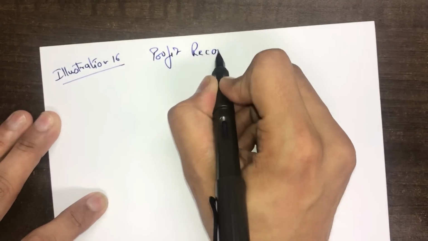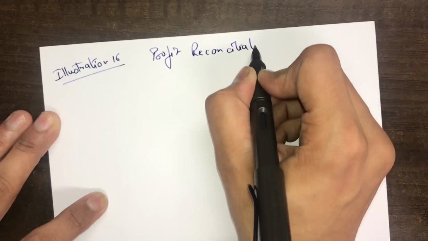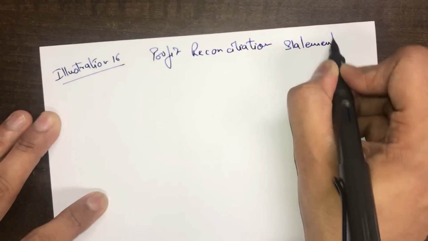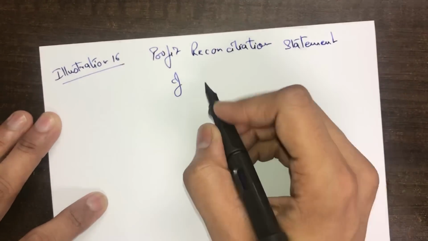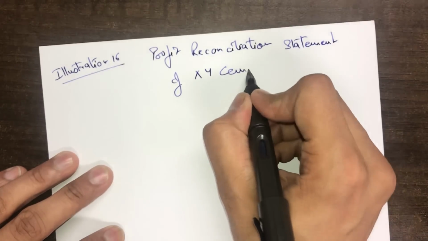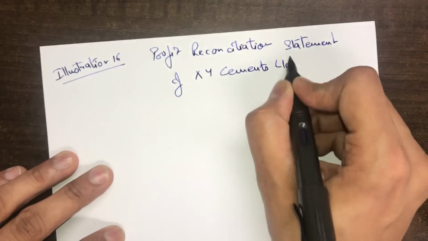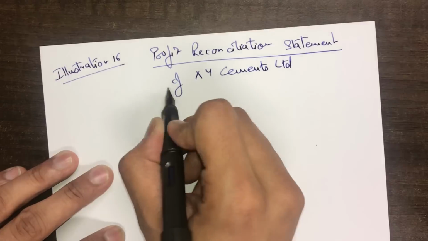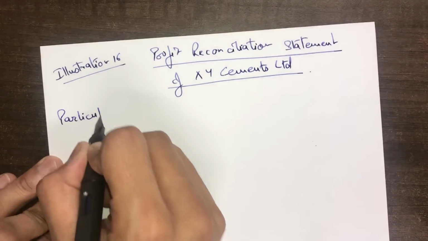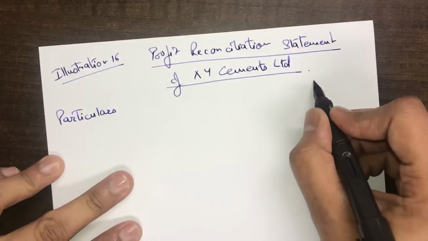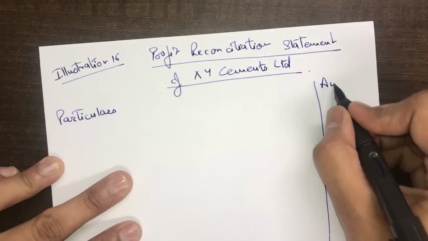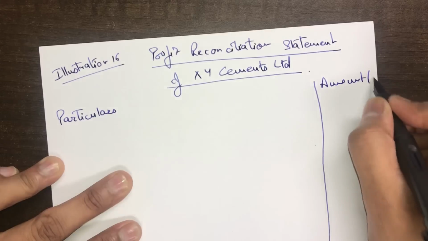Profit reconciliation statement of XY Cement Limited. We will start off by profits as per the financial accounts because we have not been given the profits as per the cost accounts.